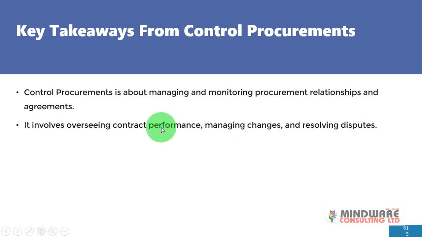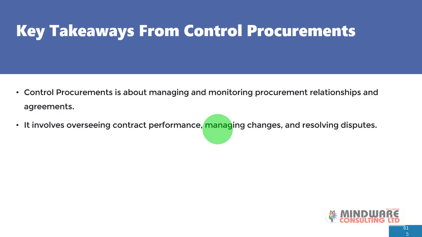So the vital aspect of control procurement is overseeing the performance of the contract by the selling organization, and in cases where there are changes, to manage those changes. If there are going to be transitions, to manage them properly.